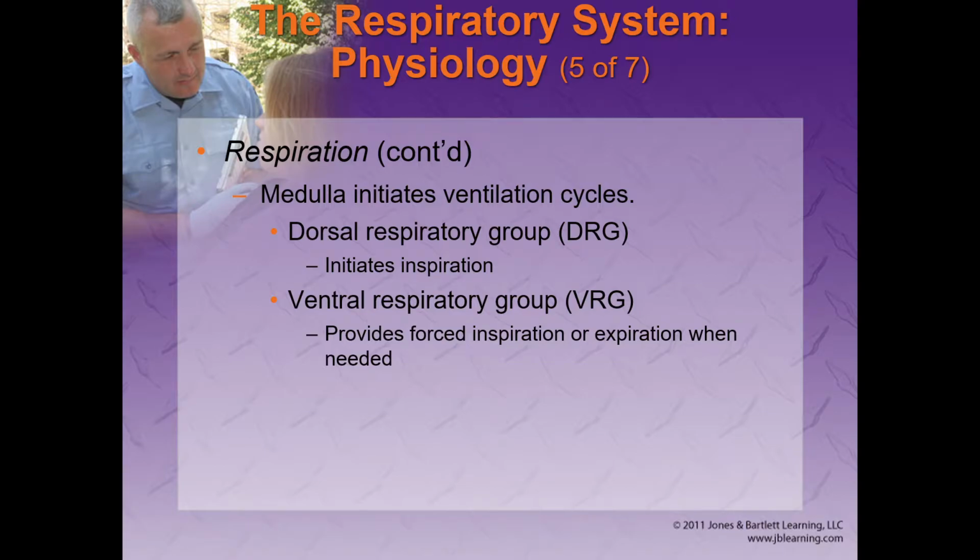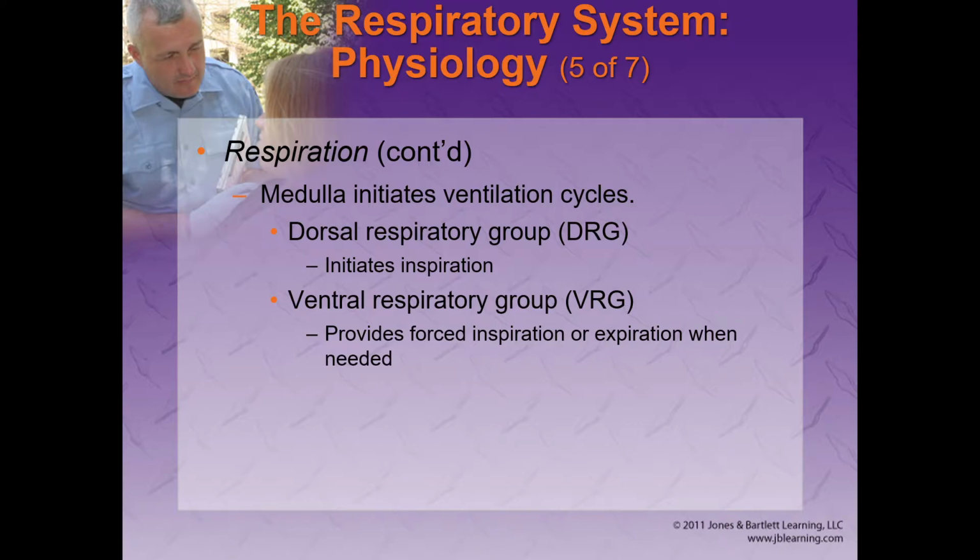Your medulla actually initiates ventilation cycles. Ventilation is the act of moving air in and out of your lungs. So you've got two different groups within the medulla, which is actually located in your brainstem. You've got your dorsal respiratory group, which, dorsal is back, is towards the back.